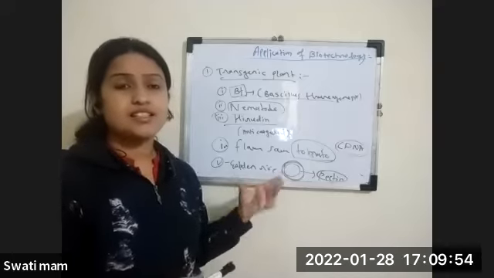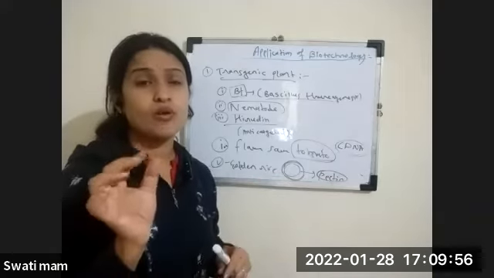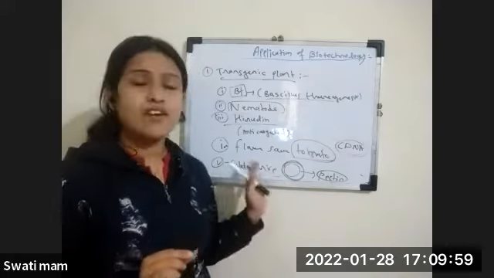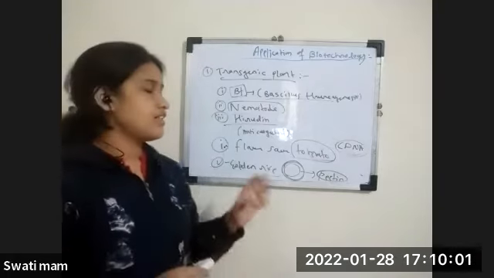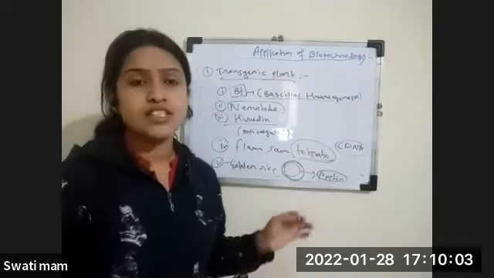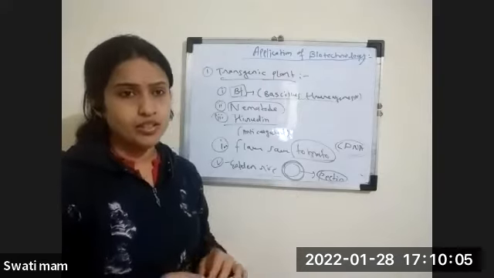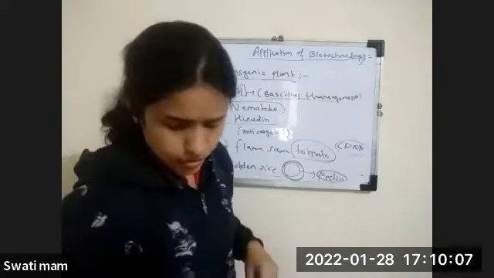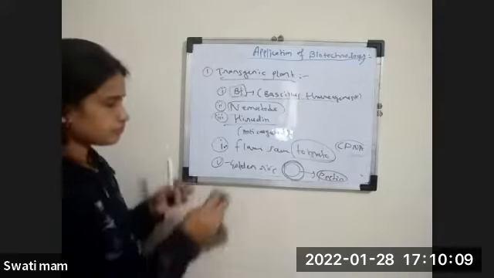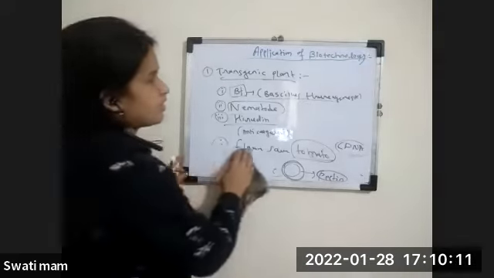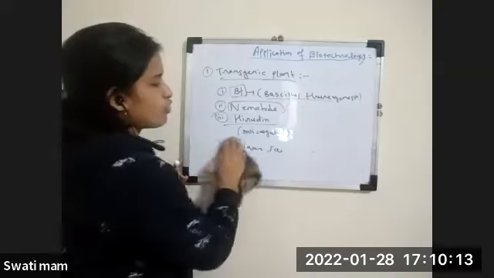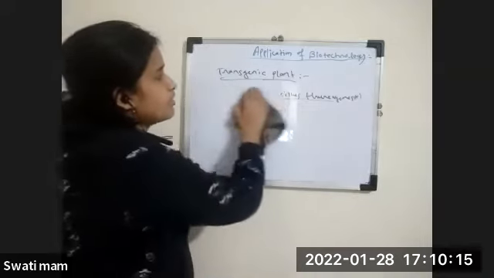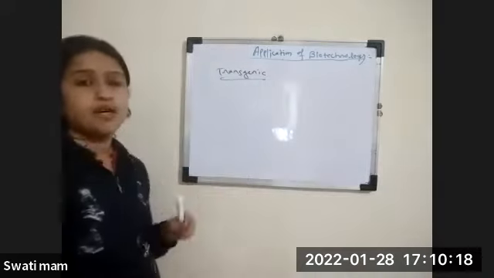And this rice has a somewhat golden, somewhat yellowish look. Why is this yellowish look there? It is because of the genes which are present in that category. So this is regarding the formation of transgenic plants by the process of biotechnology.